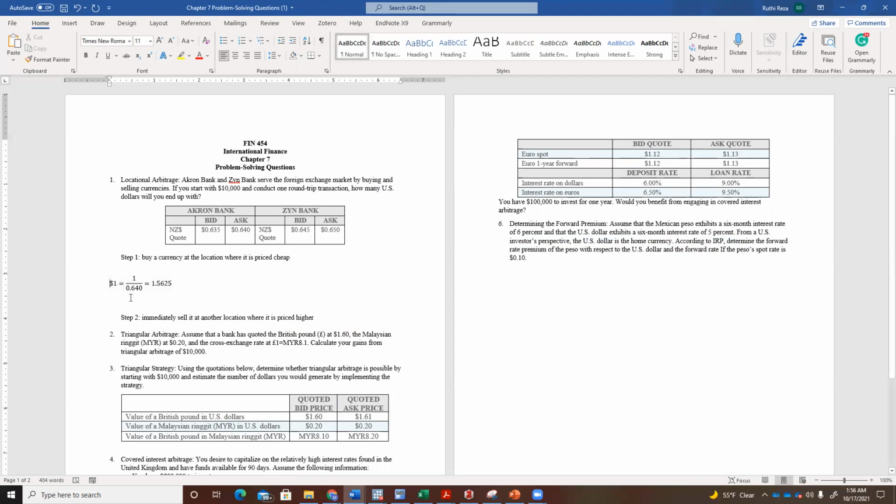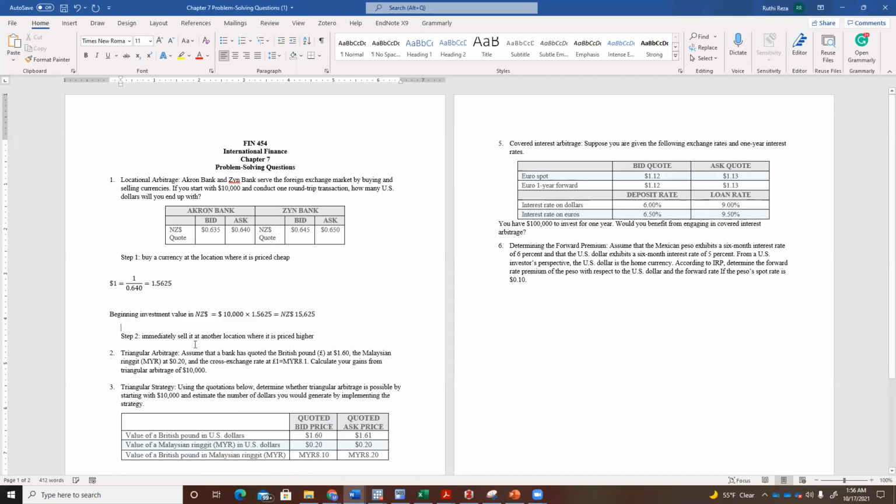So now we know the exchange rate of dollar for New Zealand dollar. So using the exchange rate, we are going to convert our $10,000 into New Zealand dollar. And then the total number of dollars we are going to get is 15,625. So this is our beginning investment value in New Zealand dollar.